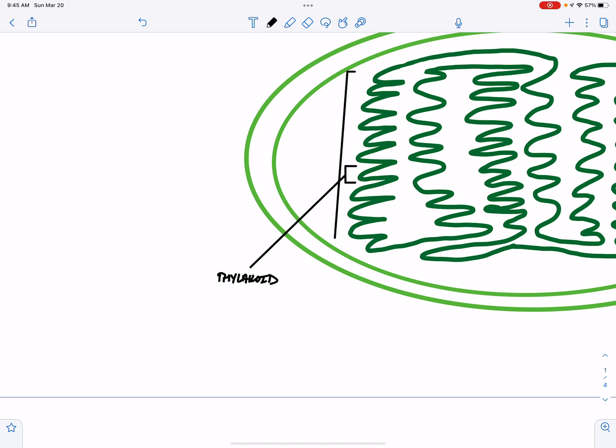A big stack of lots of little thylakoids all together, a big stack of these little jelly donuts, is called a granum.